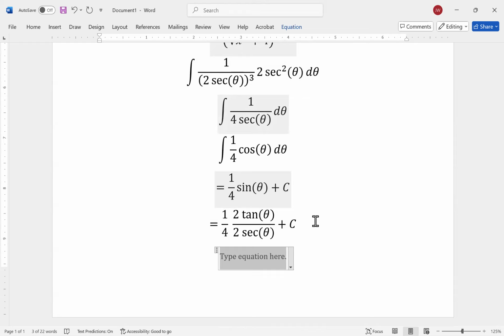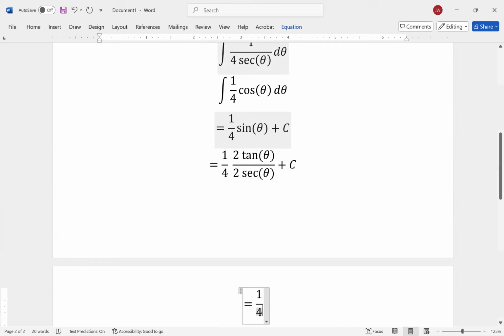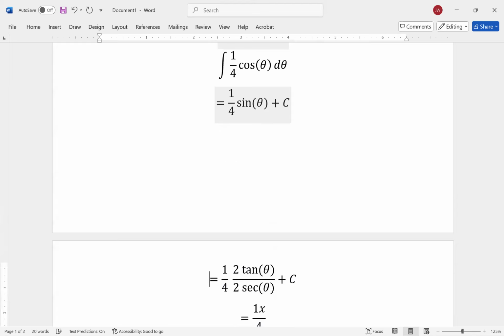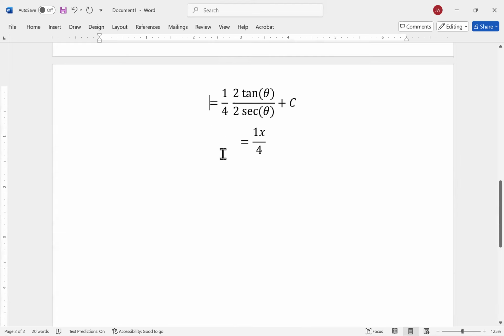So basically 2 times tangent is the x, and 2 times secant is the square root of x squared plus 4.